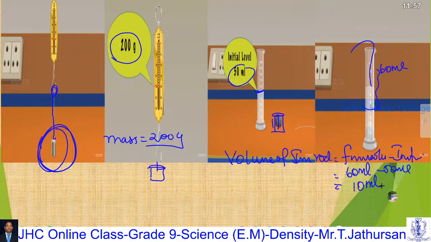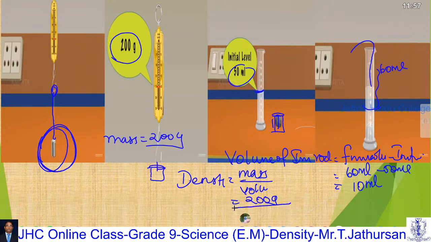Then density equals mass over volume. What is the mass of the iron rod? 200 gram. What is the volume of the iron rod? 10 centimeter cube.